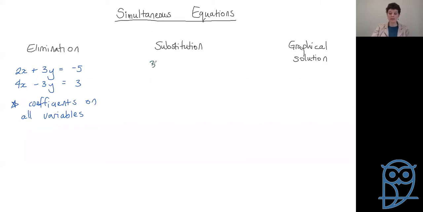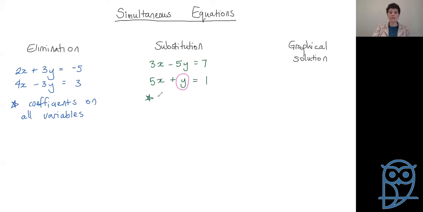So we would have 3x minus 5y equals 7, for example, and 5x plus y equals 1. So you see where we've got that y that is sitting on its own. It's a plain y, coefficient of 1. And that means that we can make y the subject, and then we can substitute into the other equation.